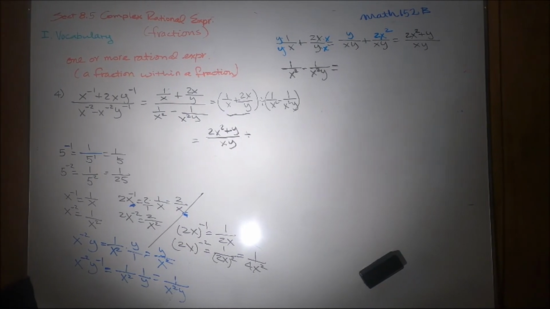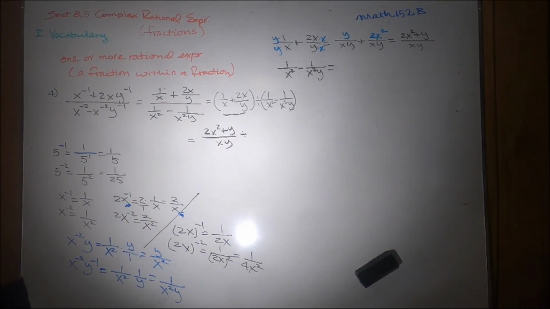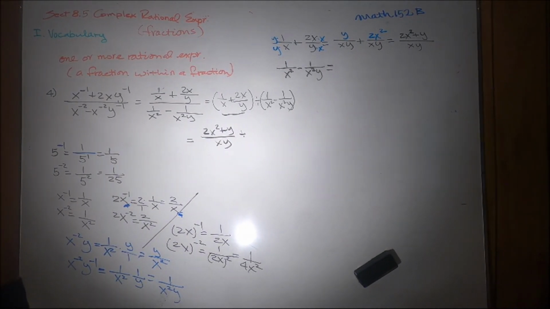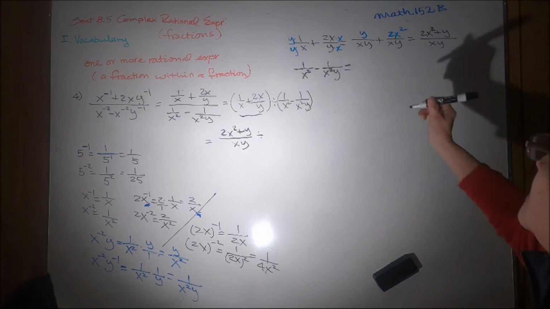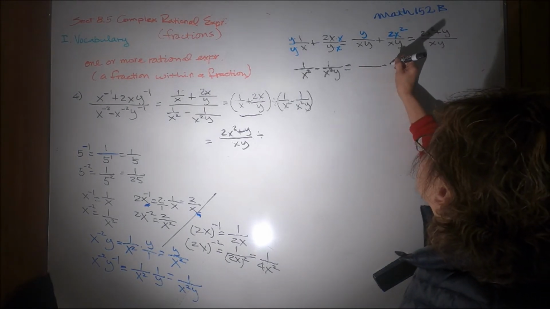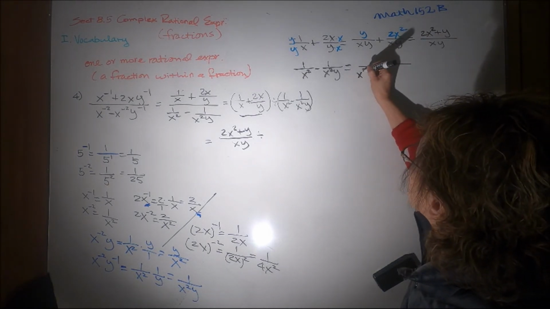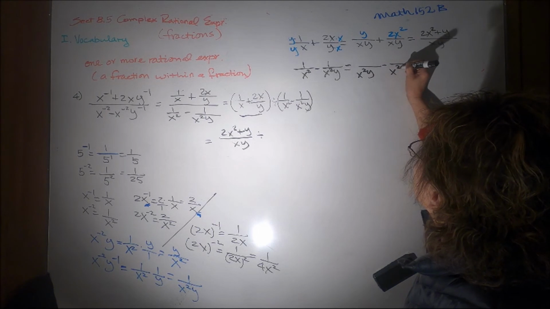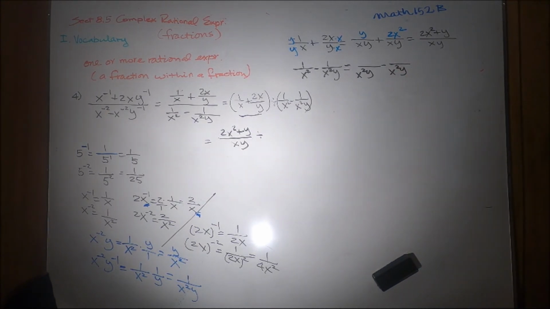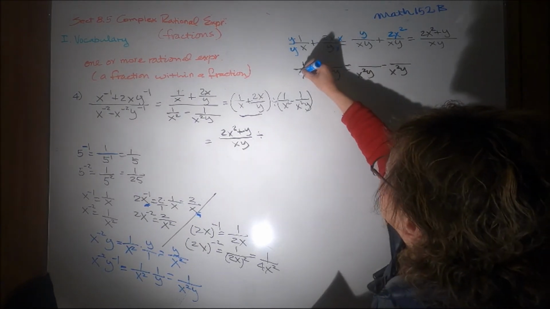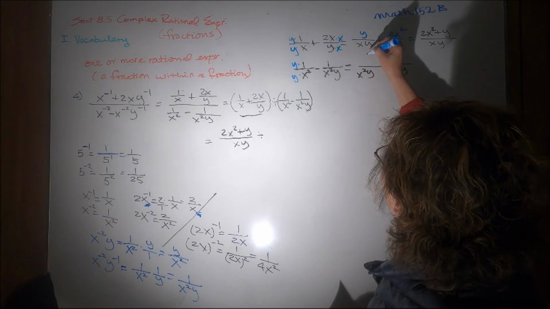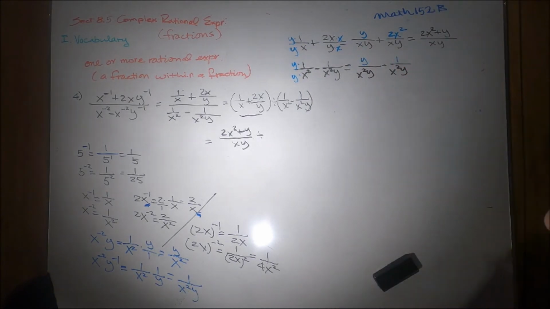And to make it a single fraction, we need to do what? Use the LCD, which is what? x squared y, right? And for this one, we need to multiply by y. This one is the same.